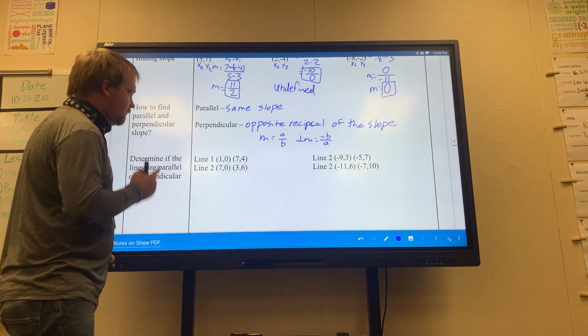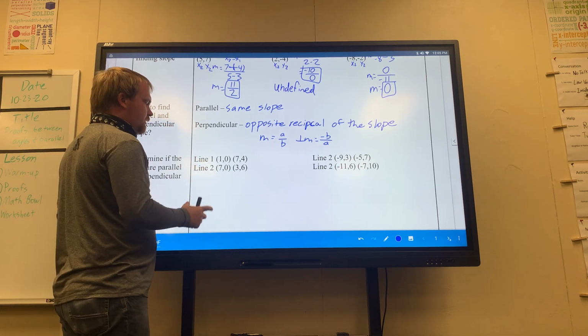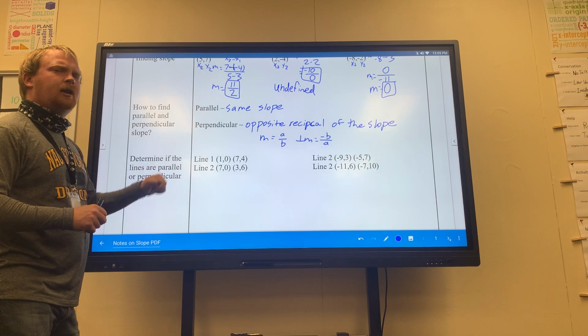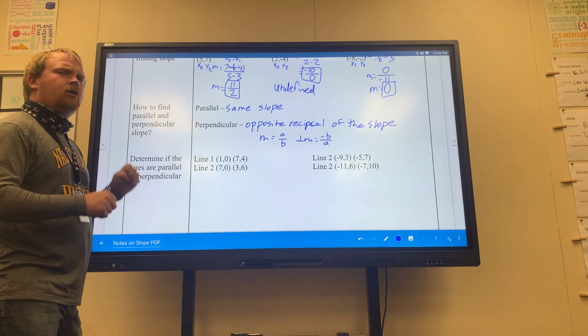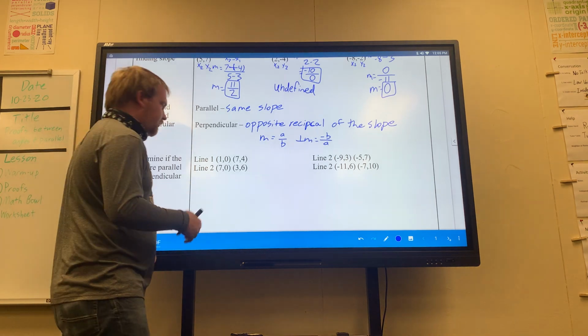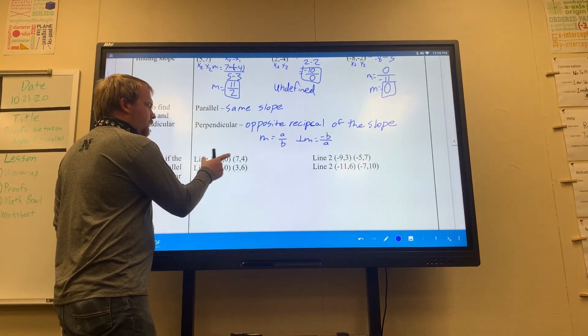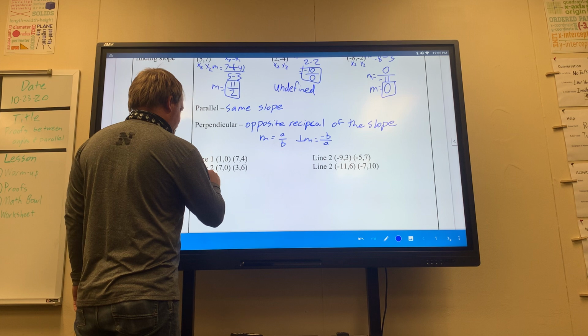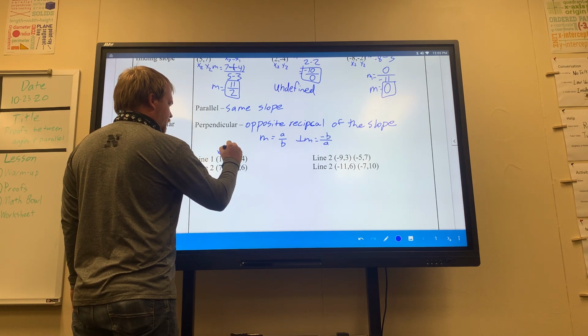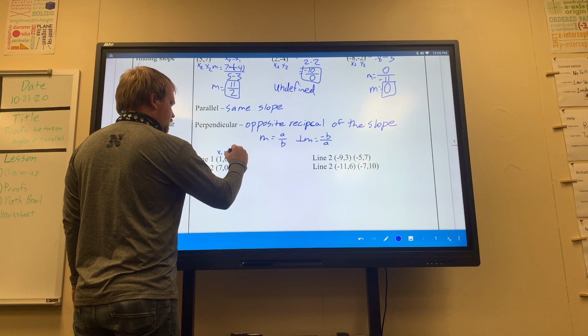Next, I want to be able to find what type of lines they are. Are they parallel? Are they perpendicular? Or are they just regular intersecting lines? Or neither, basically. So first off, I want to look at the first line right here. So remember, I want to label this x1, y1, x2, y2.